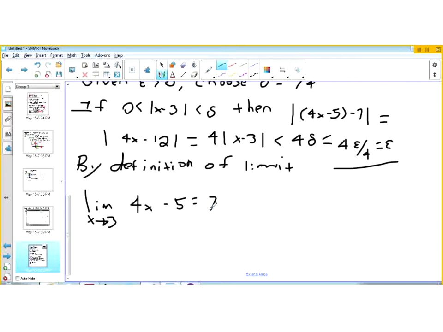So with polynomials, these epsilon-delta proofs are pretty easy.